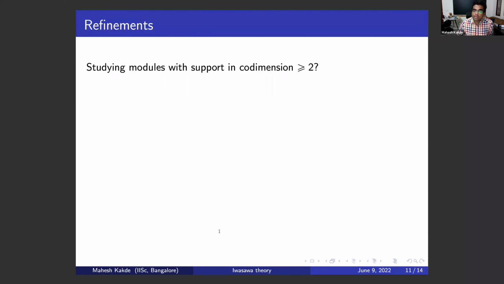A question to ask is, can analytic invariants tell you about these smaller modules, the pseudo-null modules? On the arithmetic side, you can attach some invariants using higher K groups, but we don't know much about what the analytic invariants should be in this case.